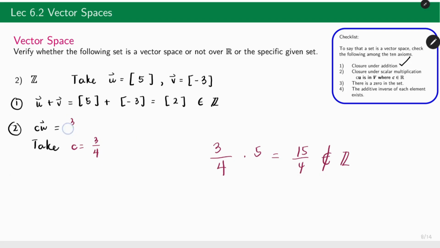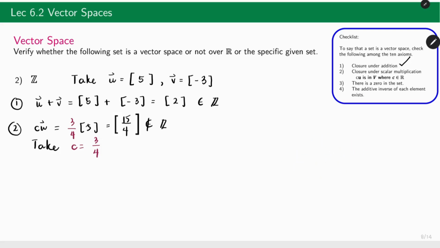So, we have 3 over 4 times 5. The result will be 15 over 4. This is no longer in the integer set. So, the scalar multiplication fails. Okay?